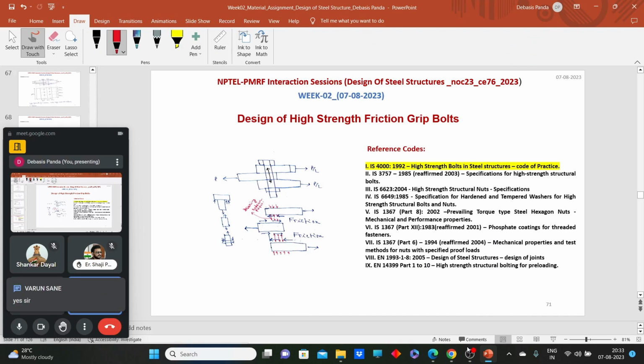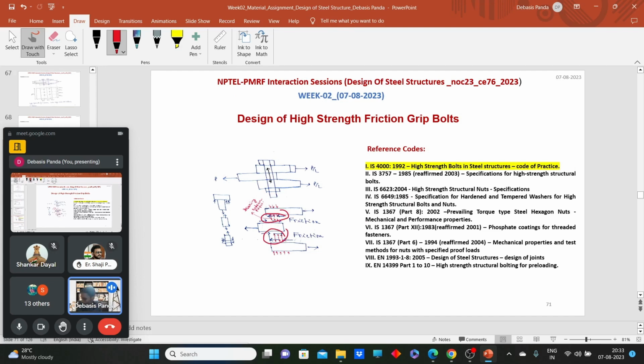Okay, so now quickly come to the design of frictional type of bolts. In frictional type of bolts, what we have seen is that we introduce additional tension to the bolt so that additional compression force is generated within the plate, and when a shear force is applied, the friction will generate between the interlocking areas.